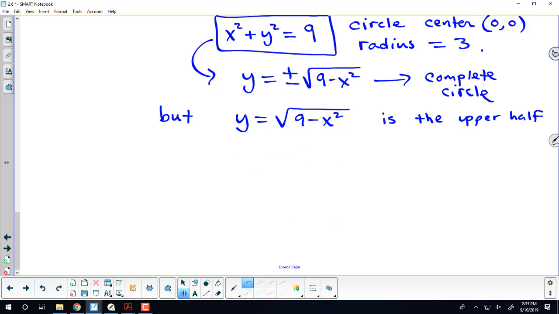So that's what we're dealing with, the function we're asking about continuity on. Here's -3, here's 3, here's a y value of 3. We want to know where that function is continuous.